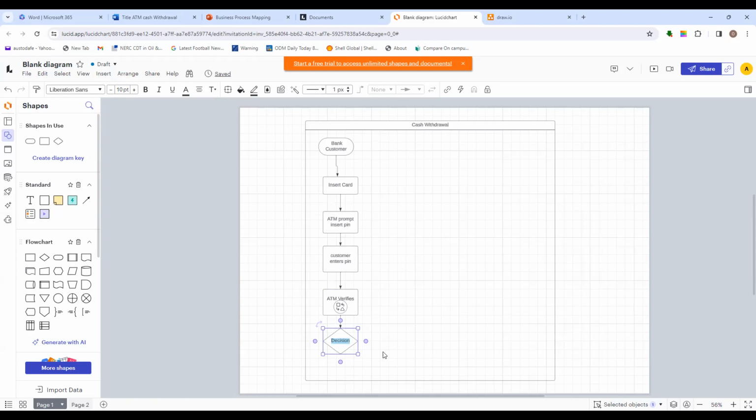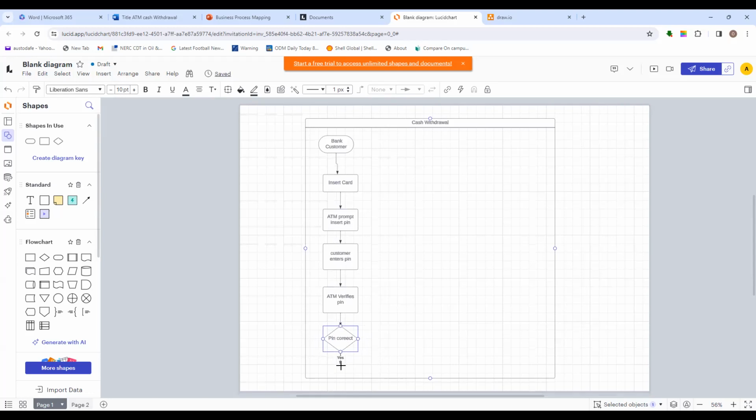Yes. Pin correct? If yes, it has automatically brought out yes for us even there. If yes, what happens if you say yes?